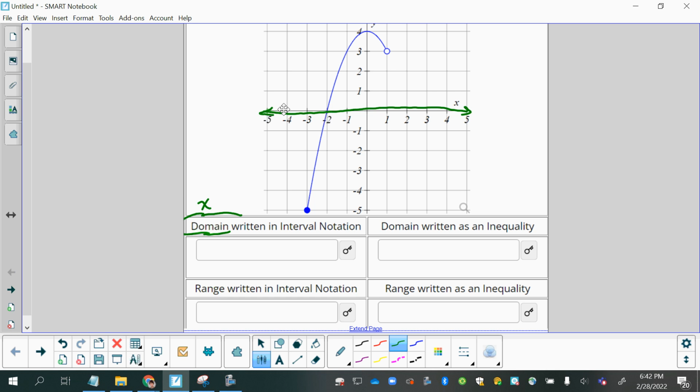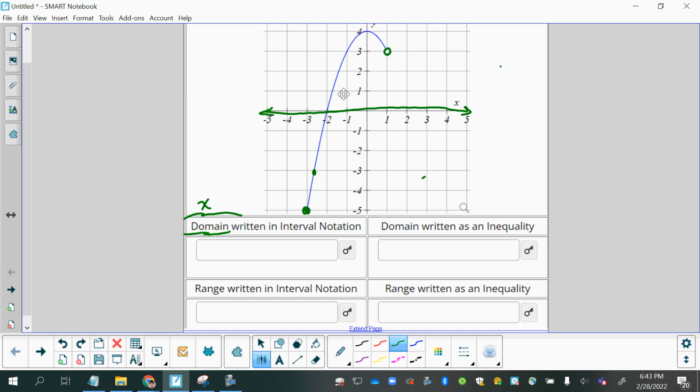So any point that's on the line, the function from starting from here and all the way up to, but not including this point, from left to right, all the points that live on this graphed function have an x value for which the function is defined. So if I go here, I can find a place on the x-axis that it aligns with. If I go here, I can find a place on the x-axis that it aligns with, and so on.